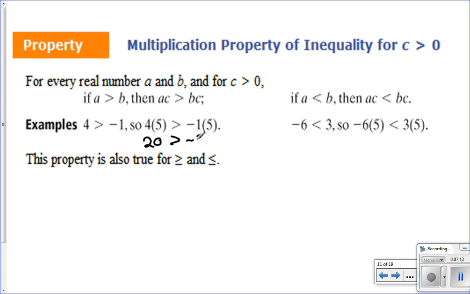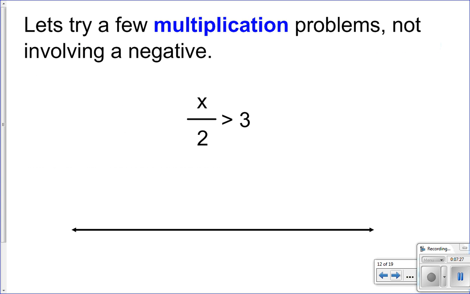So 20 is greater than negative 5, if 4 is greater than negative 1, and negative 30 is less than 15, if negative 6 is less than 3. So let's try a few multiplication problems, not involving a negative.